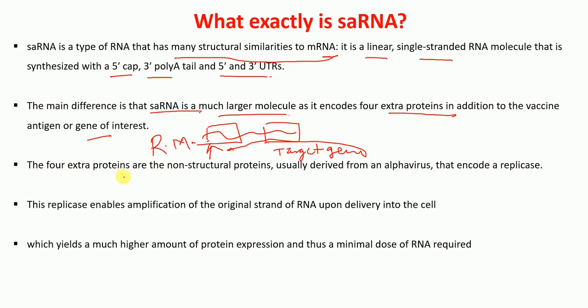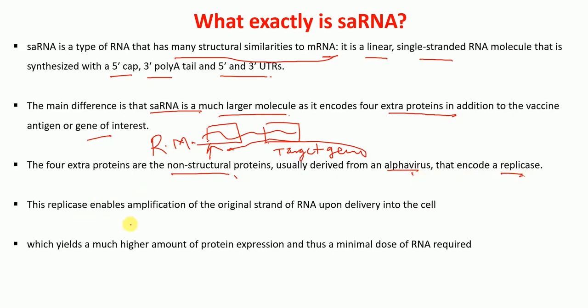And these extra proteins are non-structural proteins. Then you may ask, which non-structural protein sequences should be used? Those sequences are actually derived from alpha viruses that encode a replicase.